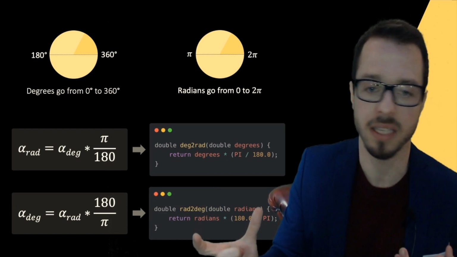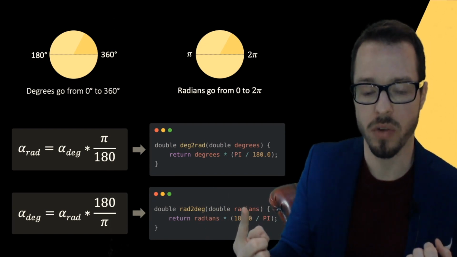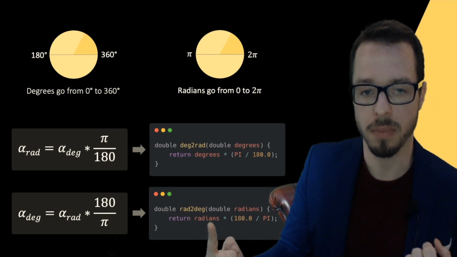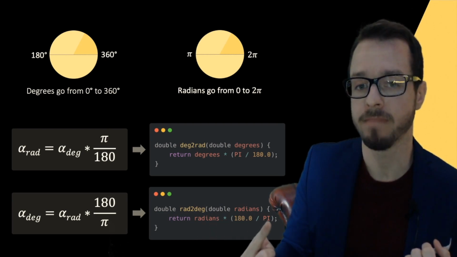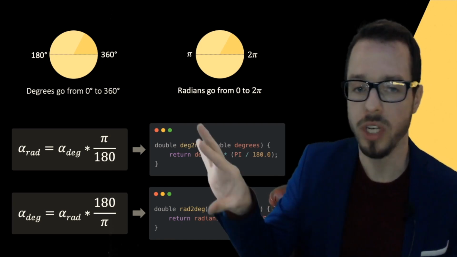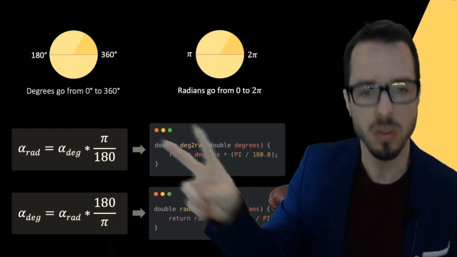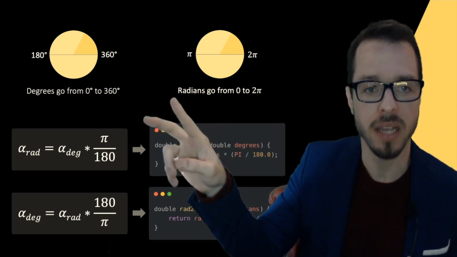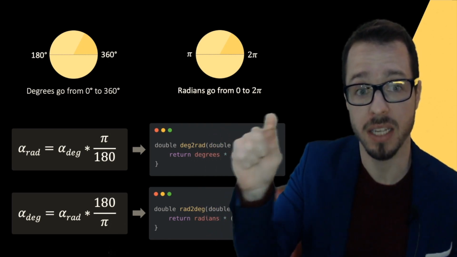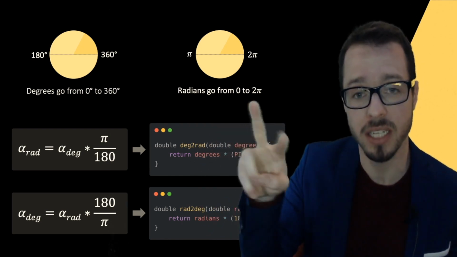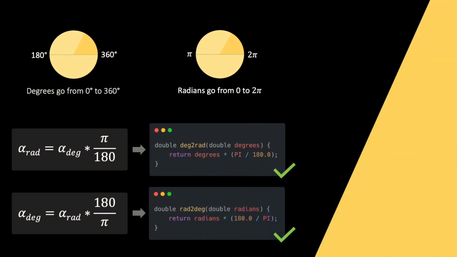Again, the same idea: radians to degrees, if I receive 1 radian as a parameter, returns that parameter in radians times 180 divided by my constant pi. Very good, so we do have these two conversion formulas. Don't worry about remembering these things. We can quickly get to these formulas by saying, okay, 180 is pi and 360 is 2 pi. We can basically just infer this formula by thinking about the relationship between things and what is equivalent to what.